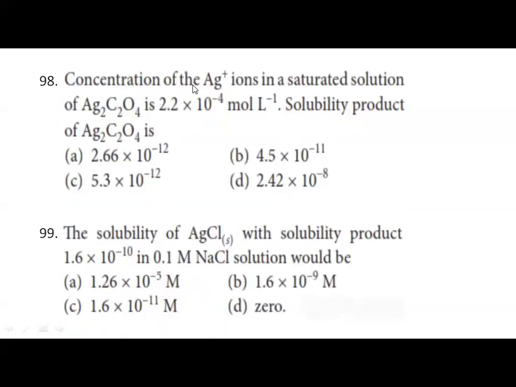Next question: the concentration of Ag plus ions in the saturated solution of Ag2C2O4 is 2.2 into 10 raised to minus 4 moles per liter. The solubility product of Ag2C2O4 is, so Ag2C2O4, silver oxalate it is.